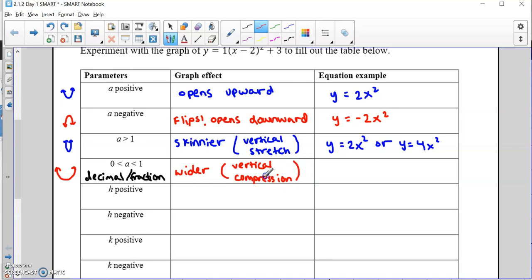If you think about it with the rubber band example, if you take a rubber band and kind of squish it a little bit, then it becomes wider horizontally, right? So an example of that could be 0.4x squared.